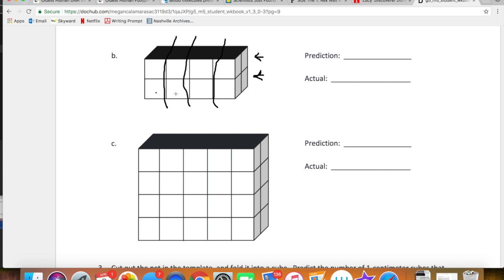So that means we have 1, 2, 3, 4 slices that consist of 4 cubes. 4 times 4 is 16. So we are predicting, and again you will confirm this tomorrow in class, that this figure is made up of 16 centimeters cubed.